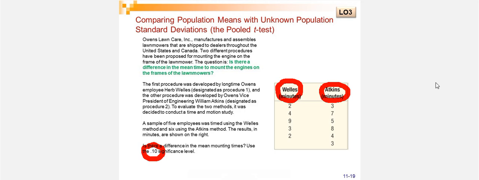Okay, so this one is not given standard deviation. So even though not given standard deviation, kita kena calculate dulu the first step, what the X bar, okay, X bar and standard deviation of this group. Begitu juga dengan X bar and standard deviation of group Atkins.